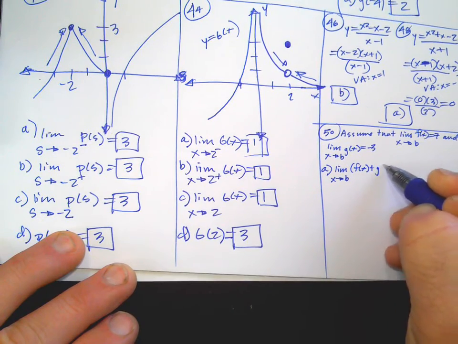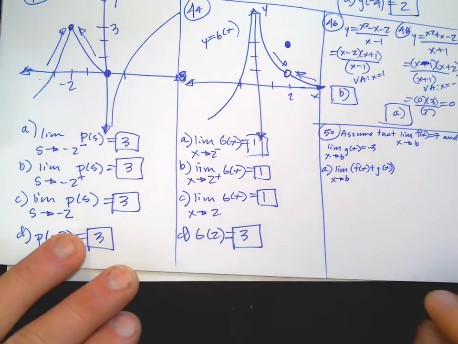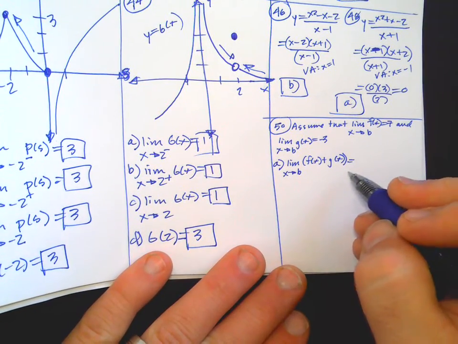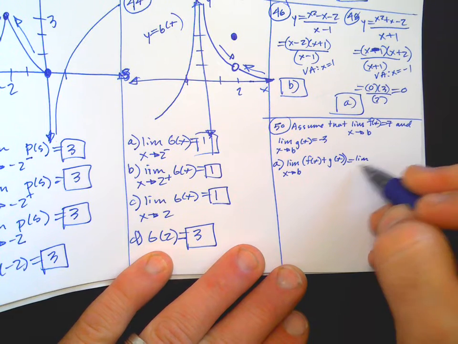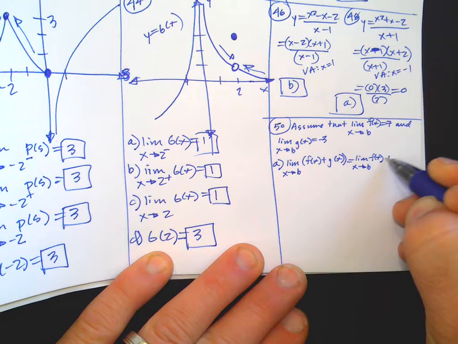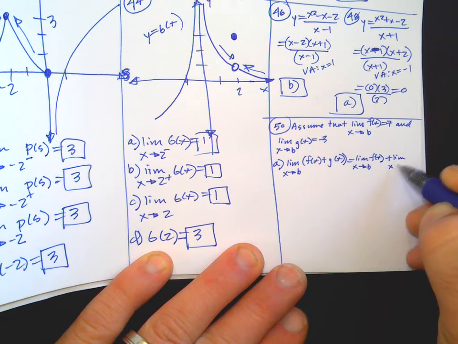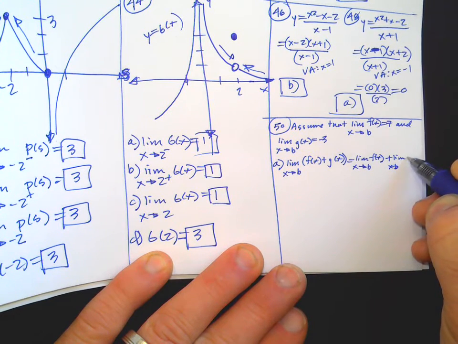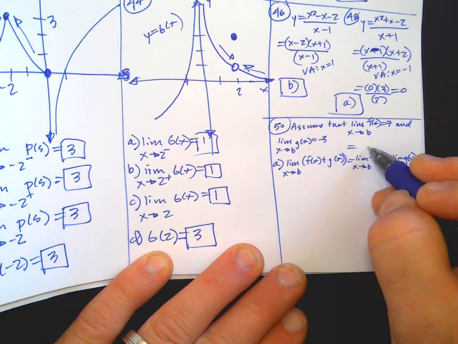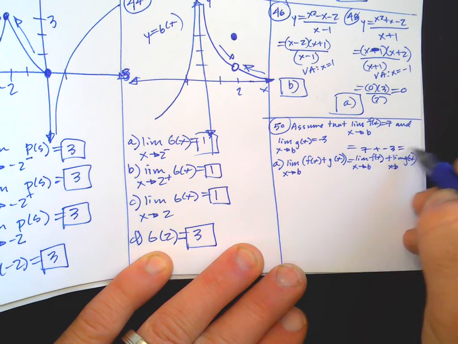So one of the properties of limits is that you can break them up. So you could say, okay, well, this is the limit as x approaches b of f of x plus the limit as x approaches b of g of x separately. And so then we can say, oh, well, that's 7 plus negative 3 equals 4.